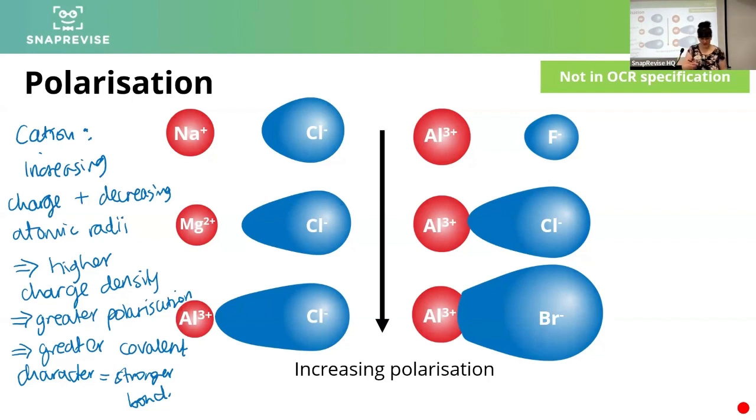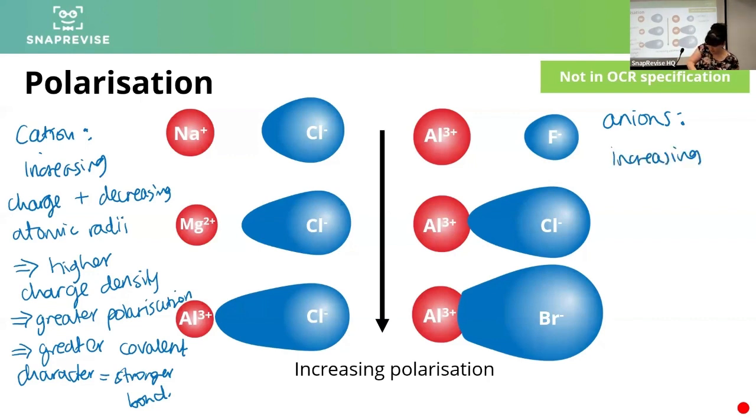On the flip side, for anions, the key is a little bit easier here. The bigger, more diffuse anion you've got, the easier it is to polarize it. I need to speed up.